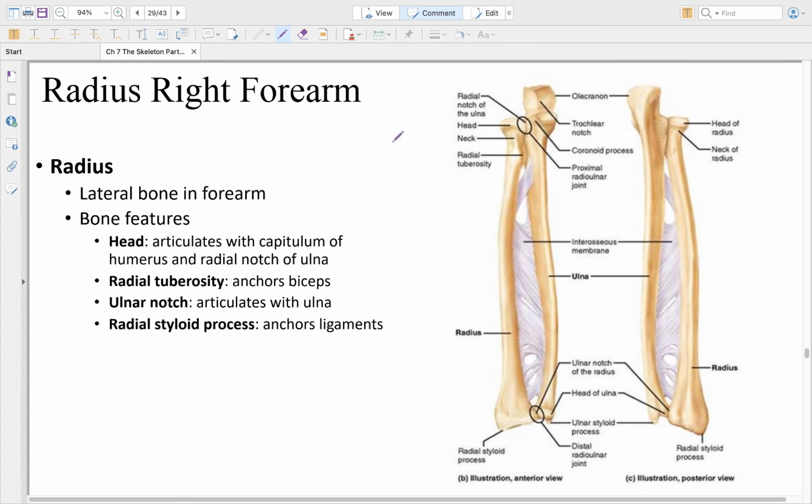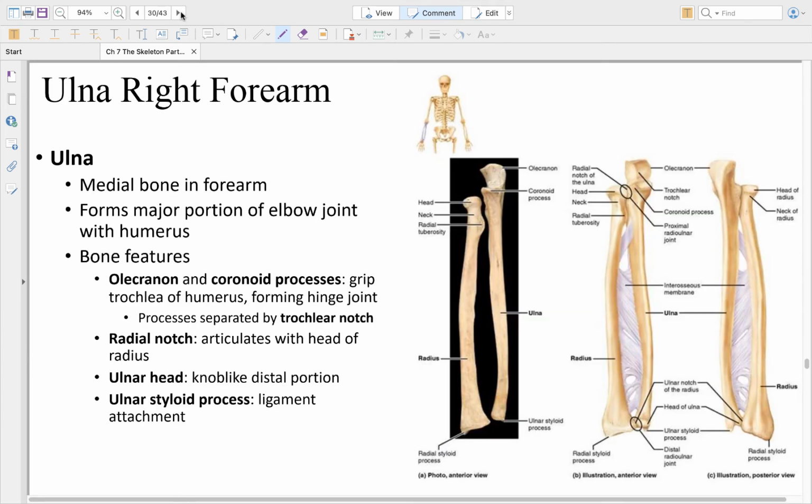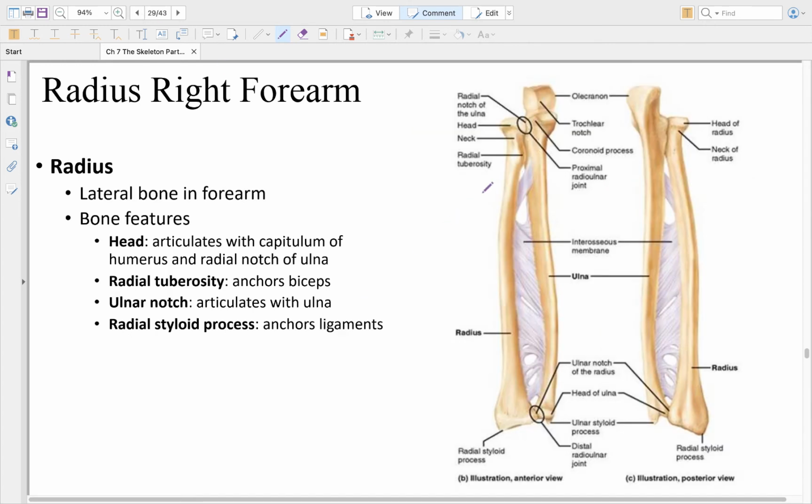Okay, the radius connects to the thumb. So no matter what, it's going to articulate with the thumb. But it does have a perfectly round head. Underneath that would be a neck. It has this protrusion called the radial tuberosity, and then down here is called the radial styloid process.